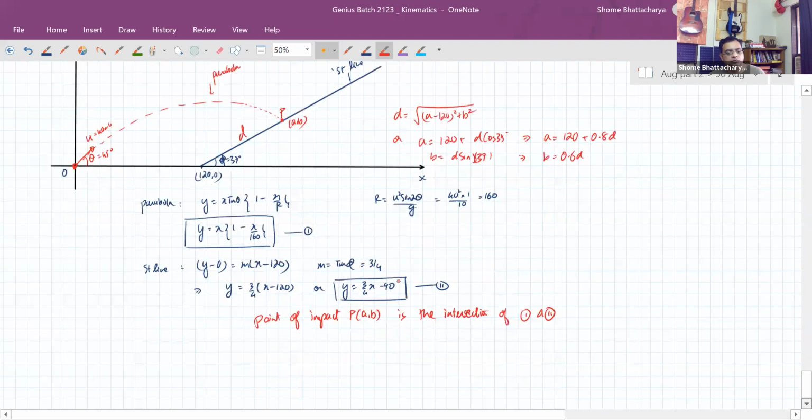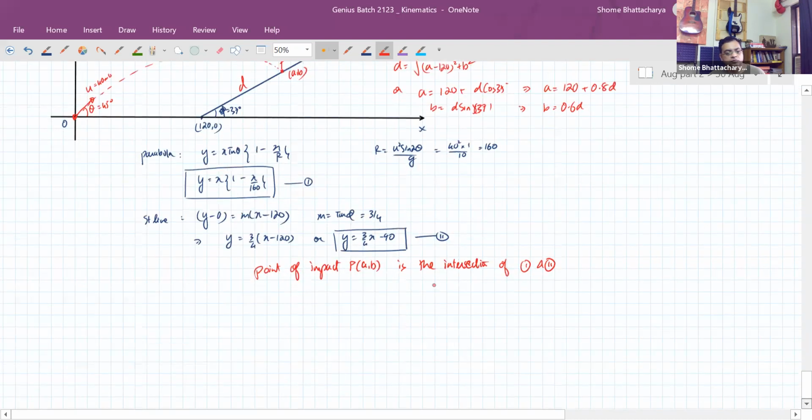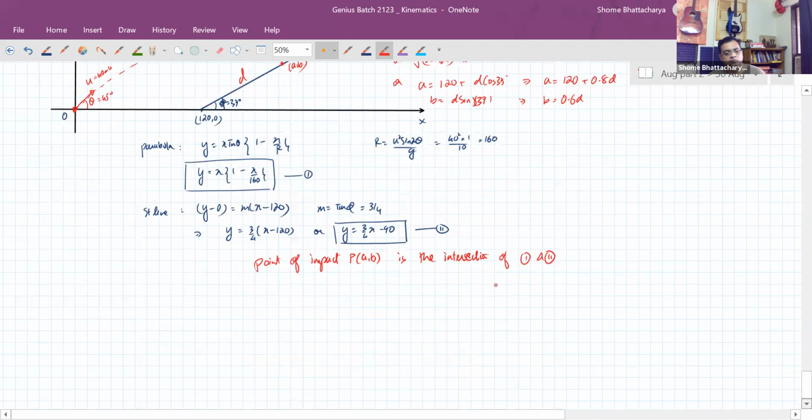So from equation 2, substitute in equation 1.